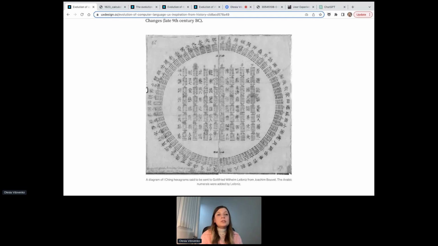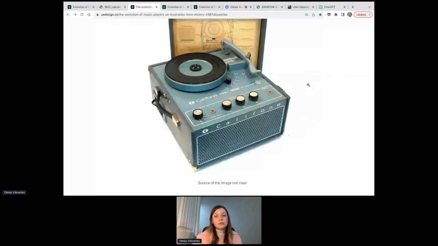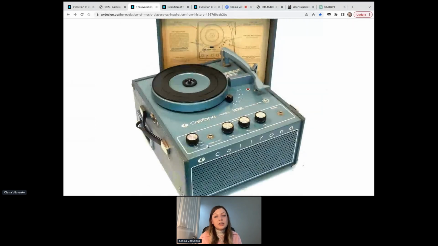And if we look at the devices that were before the digital age, you will hardly see any buttons on them. As an example, here is a mechanical machine and an analog machine, right? You'll see even something that's a play button now was a knob and slides.